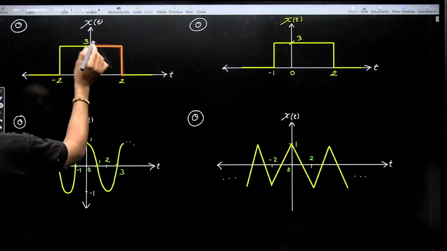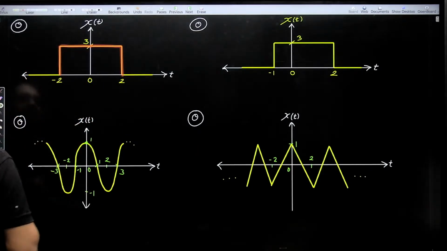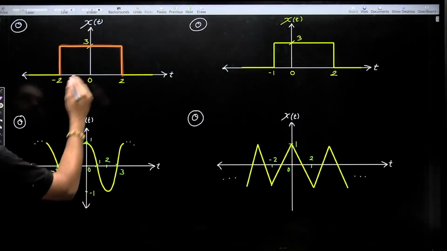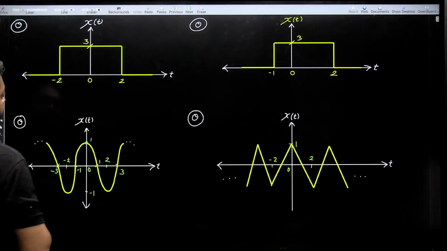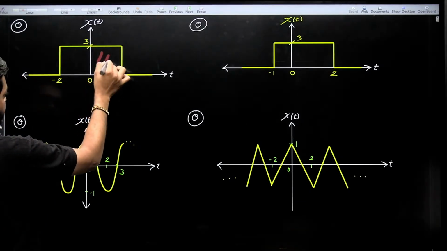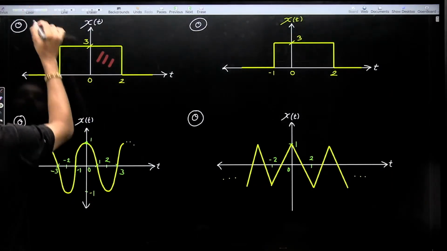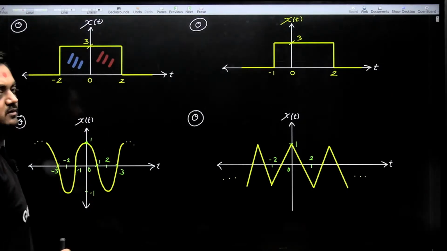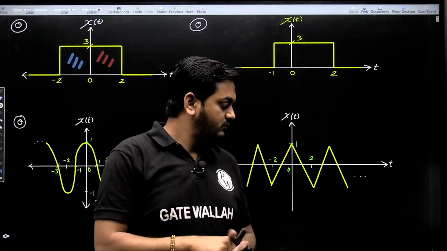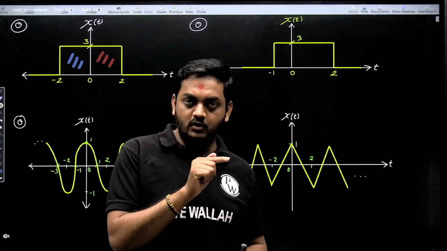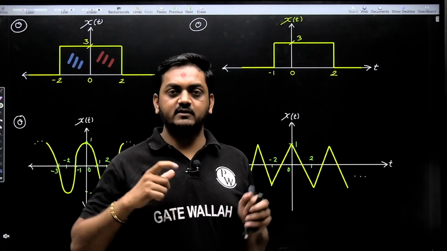So folding, again it will be 0 and 2, guys. Yes or no? And this is minus 2 and 0. So it will be between 0 and 2. So the first is what? Even. The area of the first quadrant is equal to the area of the second quadrant. So for an even signal, first quadrant and second quadrant, or we can say third quadrant and fourth quadrant.